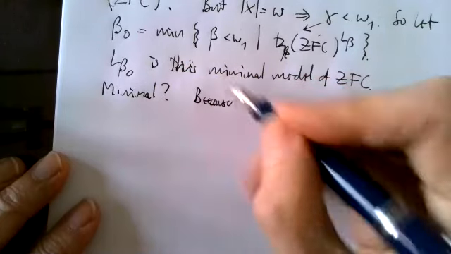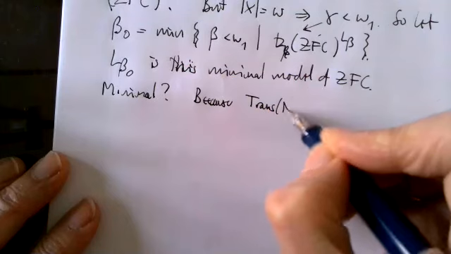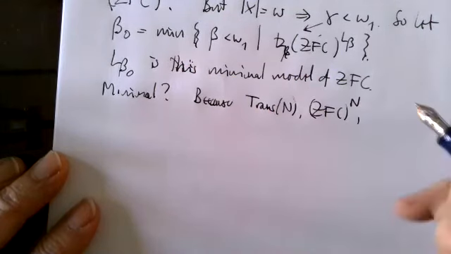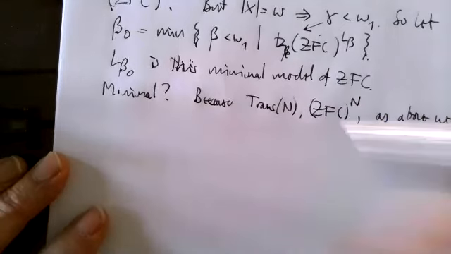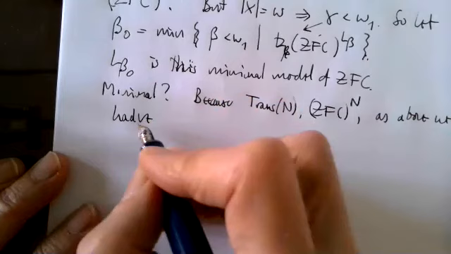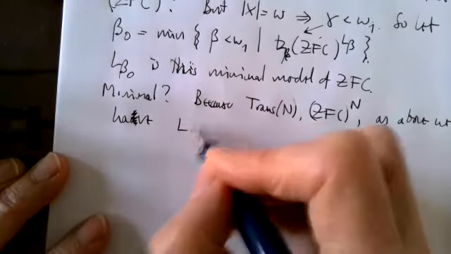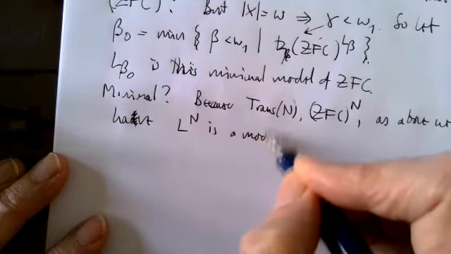Because for the reason we just had up there, if n is transitive and ZFC holds in n, as above, we have, right, L in the sense of n is a model of ZFC.